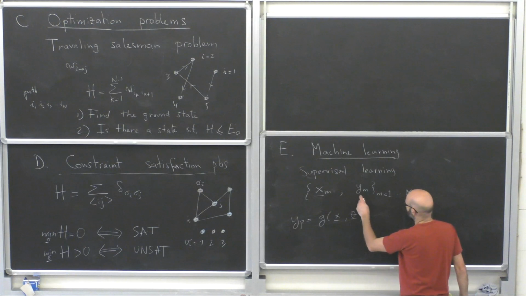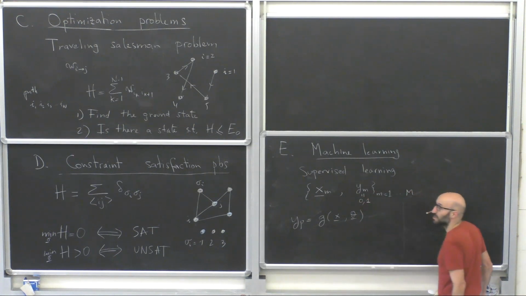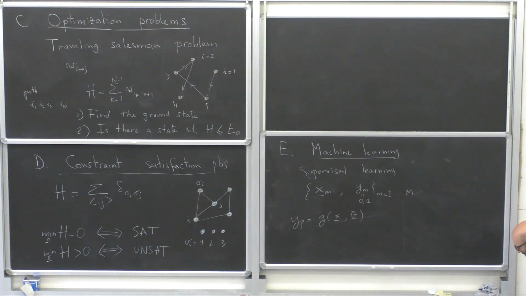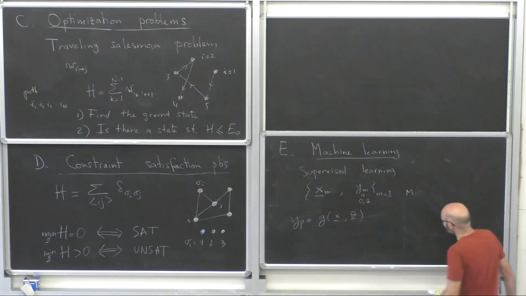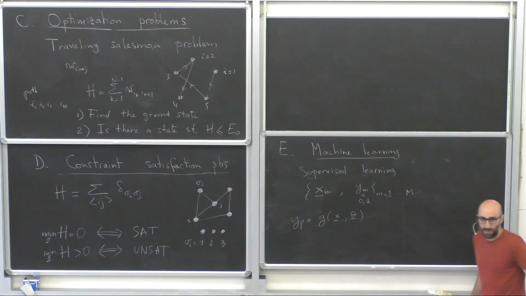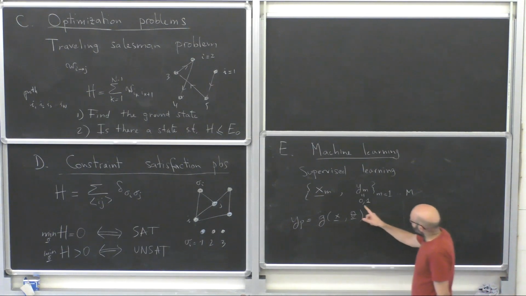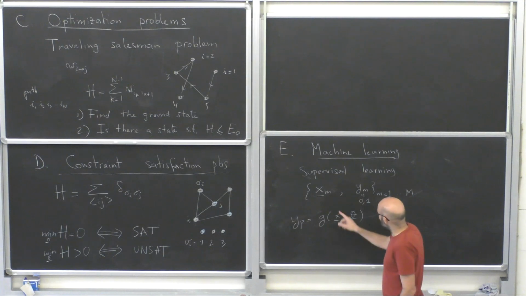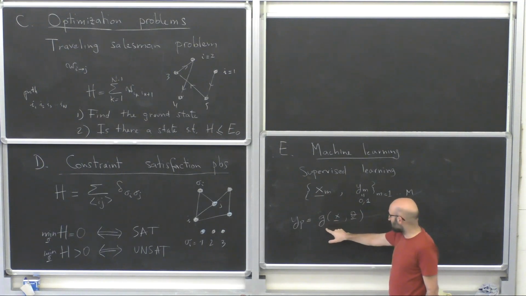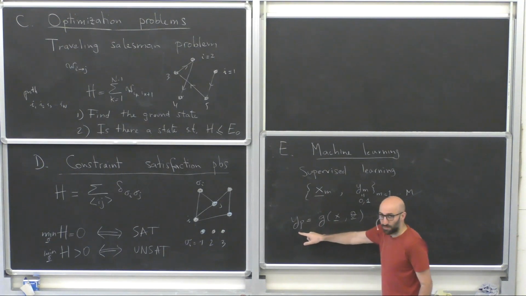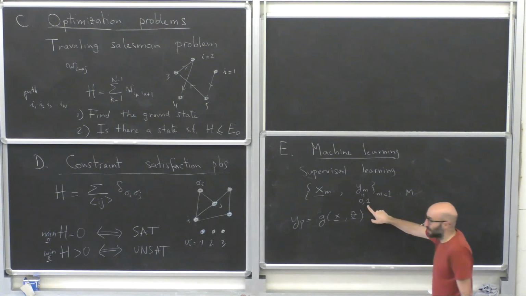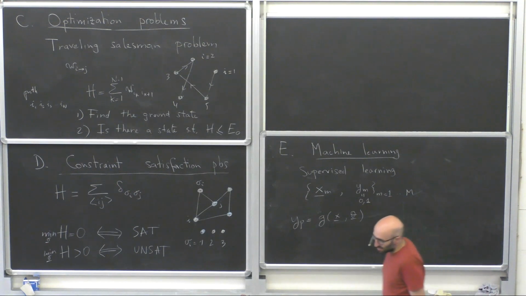To make it simple, let's assume that the label is 0 or 1. So let's say 0 is dog and 1 is cat. If you show an image to your function, you want it to give you a number that is the probability, for example, that the label is 1.